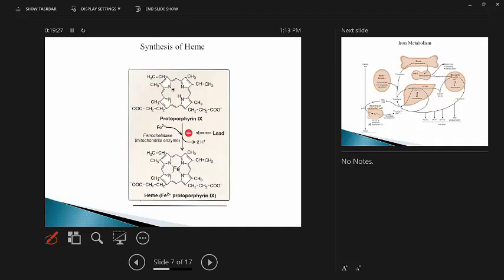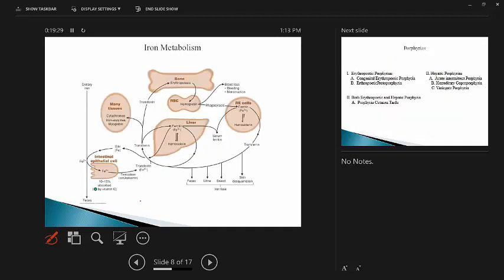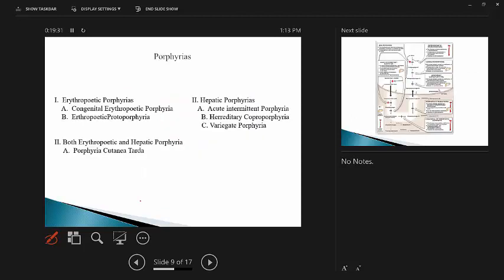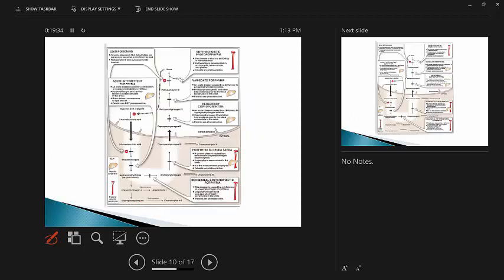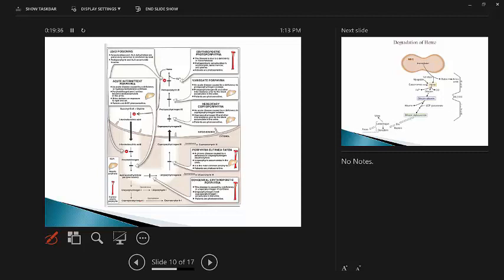Okay, that diagram. And now we're going to number that one.